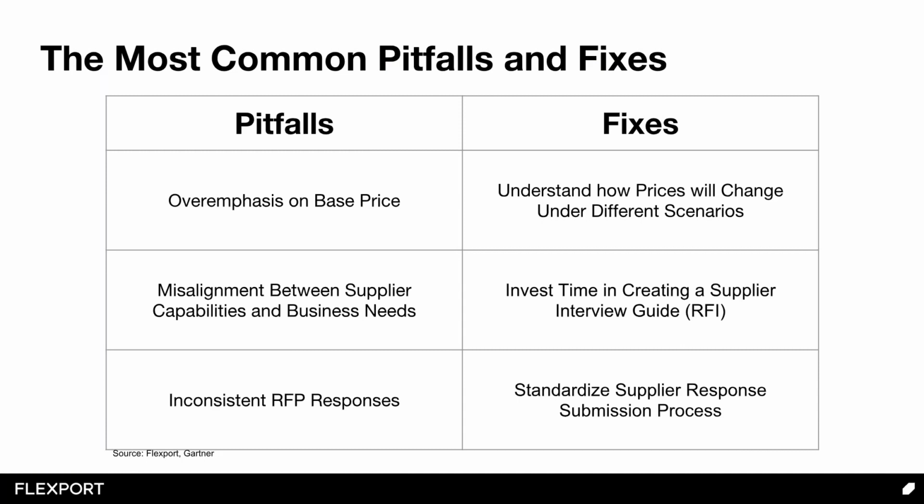And first, as Rachel emphasized here, is an overemphasis on the base price. The price that you're quoted could change over time, not just through the total cost issues that we've highlighted, but through market movements up or down. So a fix there is to really understand how prices will change under different scenarios.